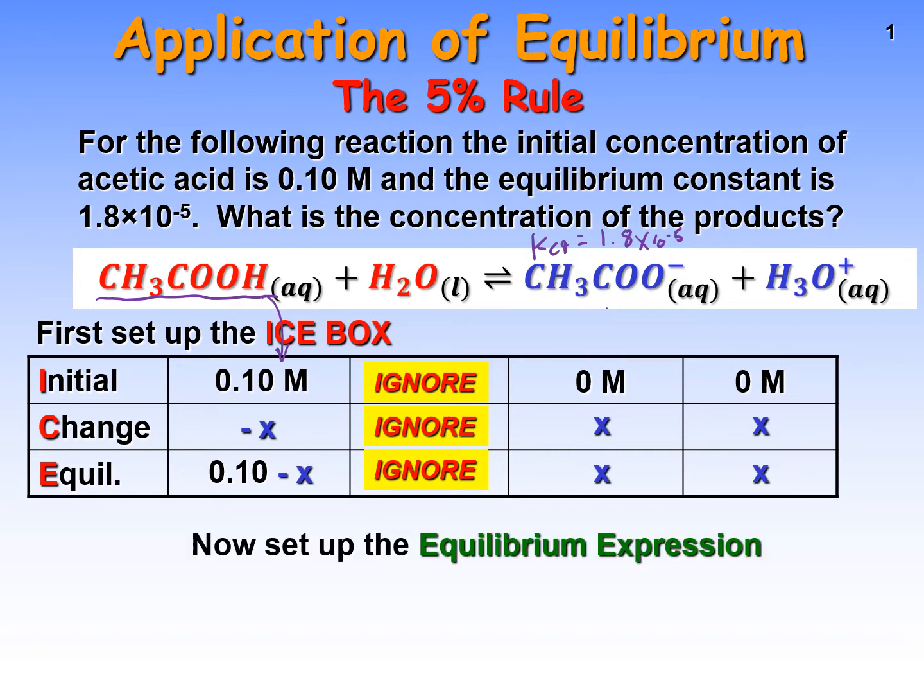We're going to set up the equilibrium constant expression. We know that KEQ is going to be equal to the concentration of H3O plus times the concentration of CH3COO minus, all over the concentration of CH3COOH.